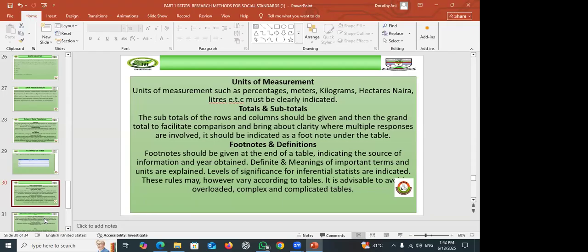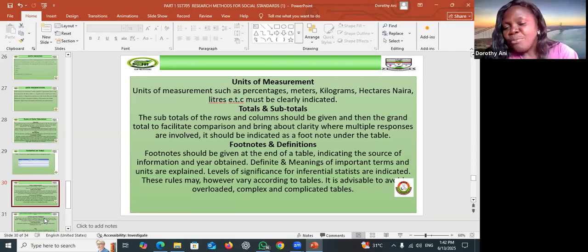Number two is that one of the tables may contain abbreviations. You may have used abbreviations like we do in agric accounts, that we write EXP for export.